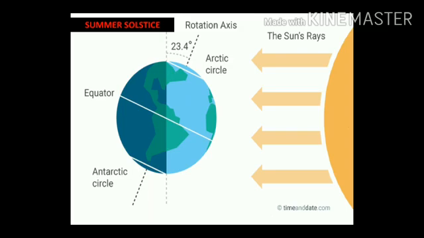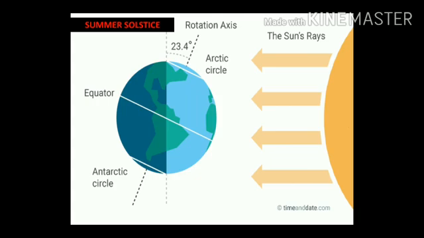That means the longest day and the shortest night at these places occur on 21st June. At this time, in the southern hemisphere, all these conditions are reversed. That means it is winter in the southern hemisphere. So, the nights are longer than the days. This position of the earth is called summer solstice.